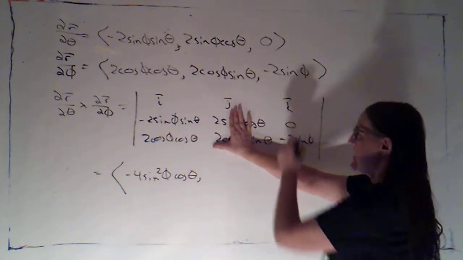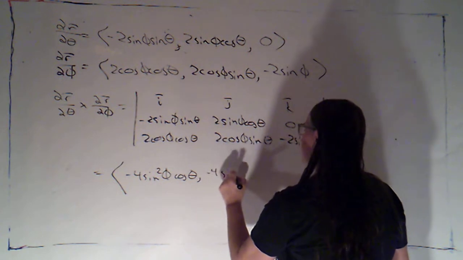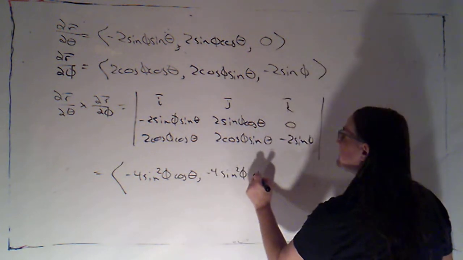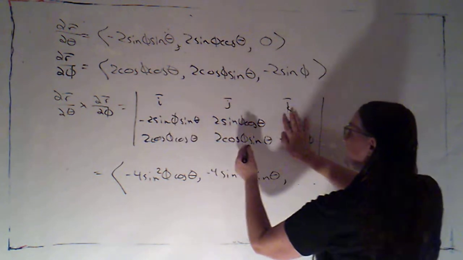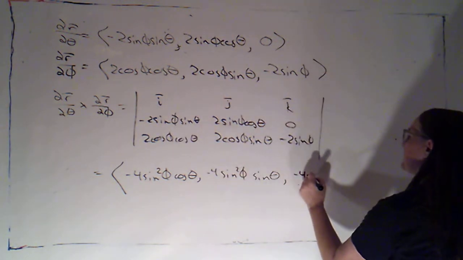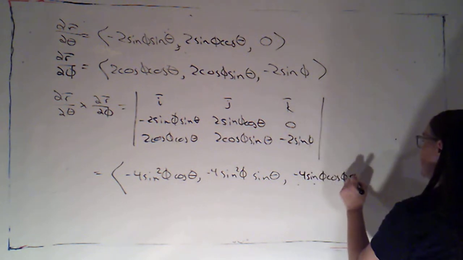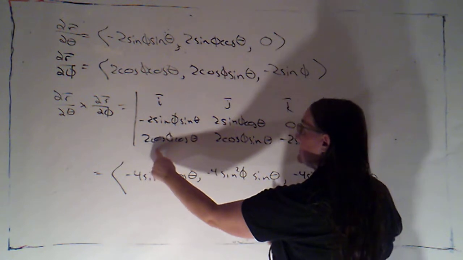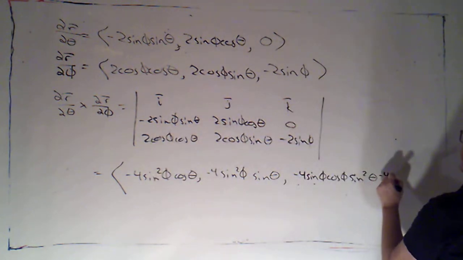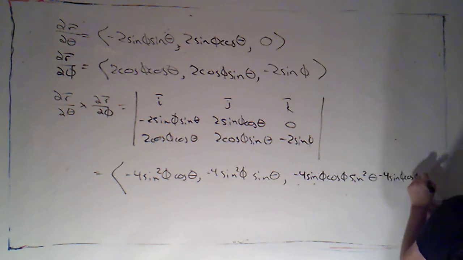For the j's, I'm going to get negative 4 sine squared phi sine theta. And for the k's, I'm going to get negative 4 sine phi cosine phi times sine squared theta minus 4 sine phi cosine phi cosine squared theta.